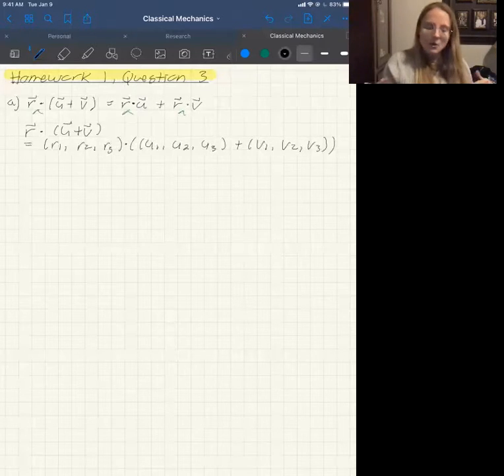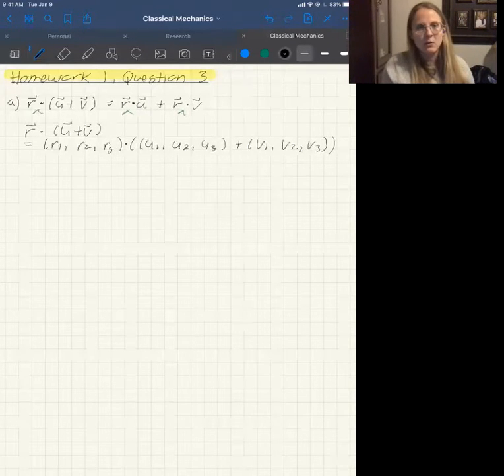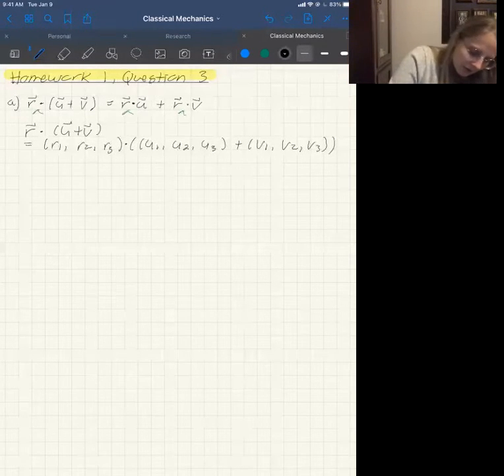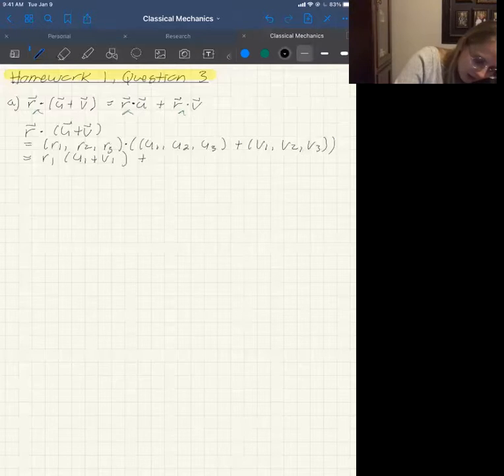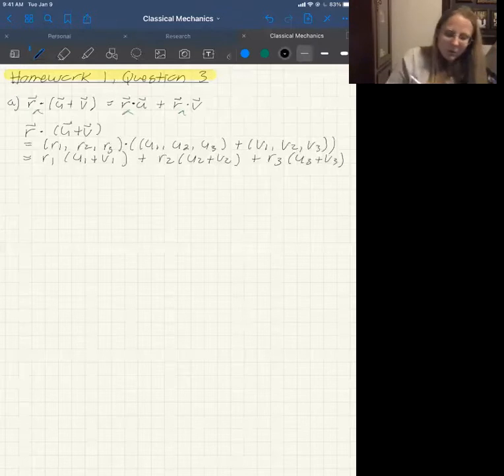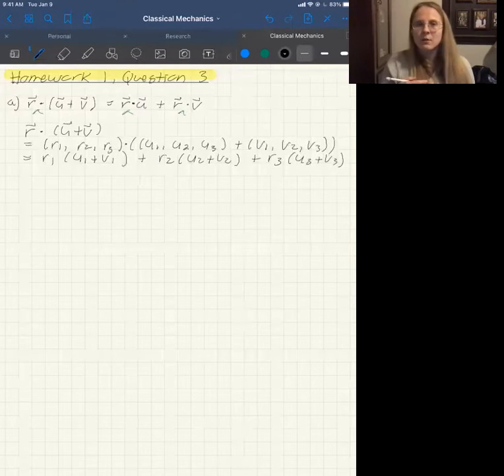Now that it's in component form, I'm just going to gather all the components that are the same together. So all the 1 components, all the 2 components, and all the 3 components. If I do that, I get R1 times U1 plus V1, plus R2 times U2 plus V2, plus R3 times U3 plus V3. So R1, R2, and R3 are now just real numbers, and we know that real numbers are distributive.